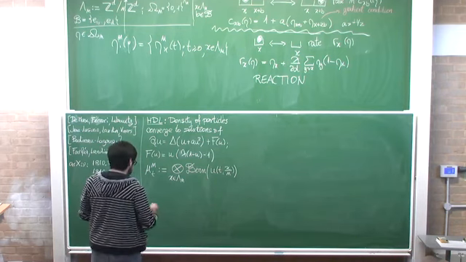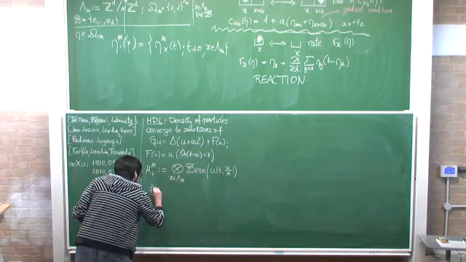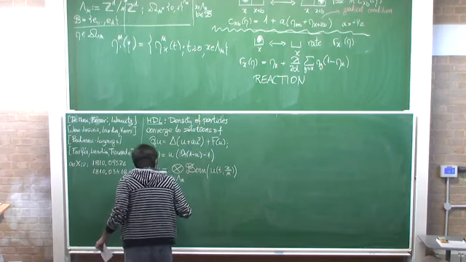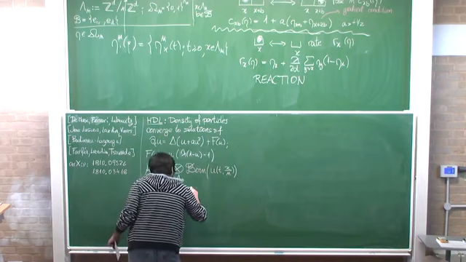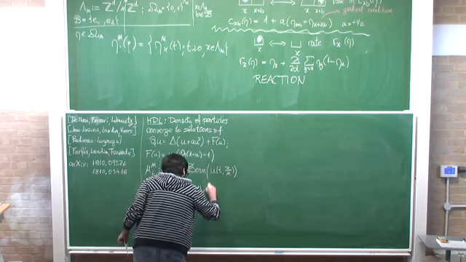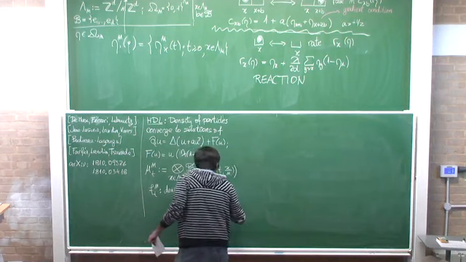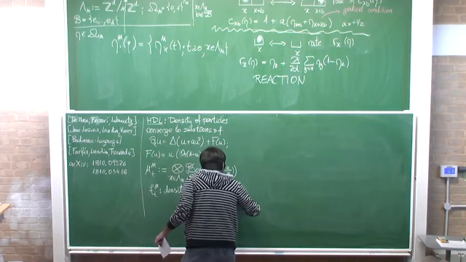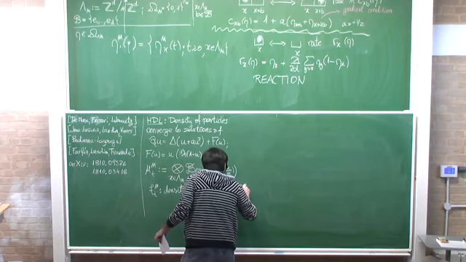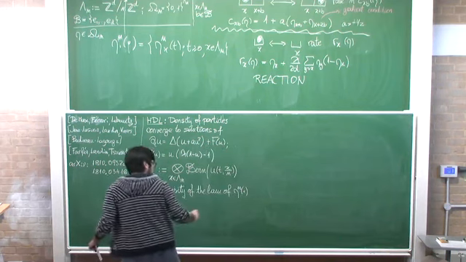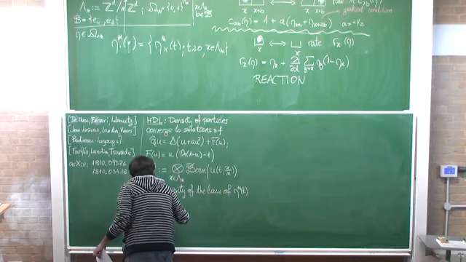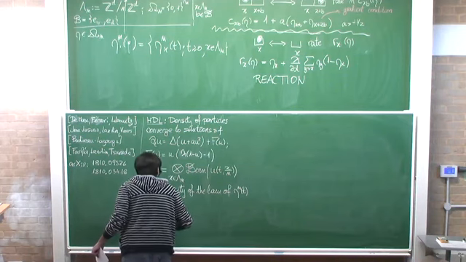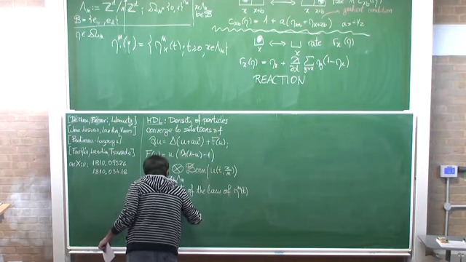Then we call f_n,t the density of the law of eta_n,t with respect to this measure.